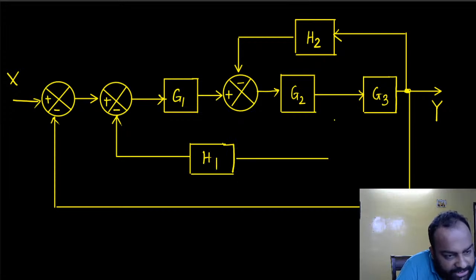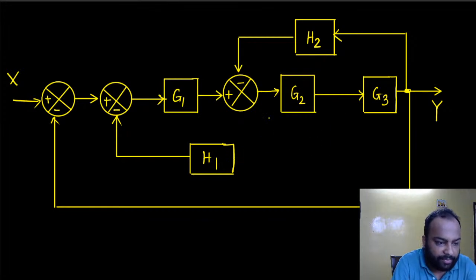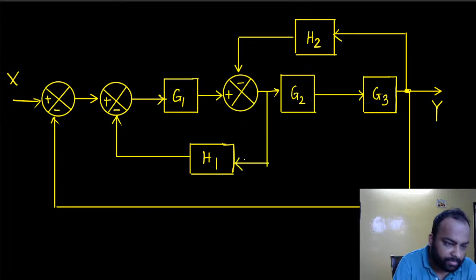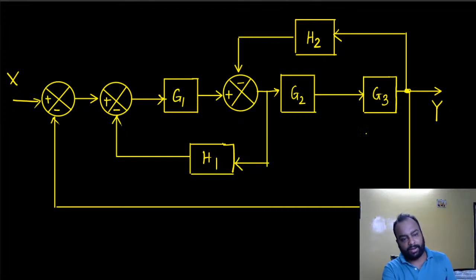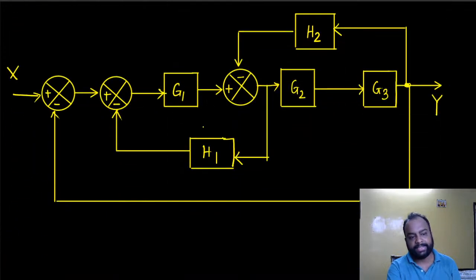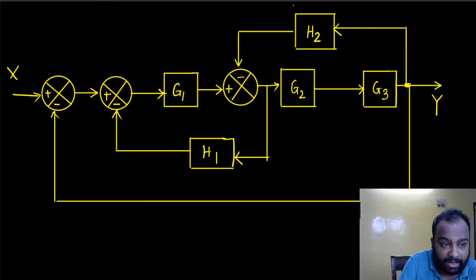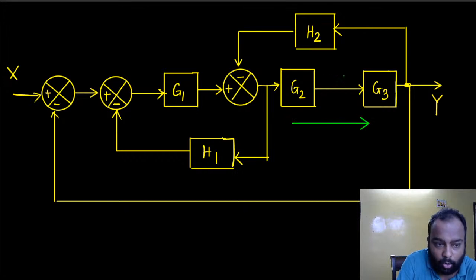What about instead of coming from this, what if this signal was actually coming out of this? Could we then simplify this? The answer is yes, because there is no problem then. If this signal was coming from this, then this is a perfect cascade with no intermediate taps or anything, right?